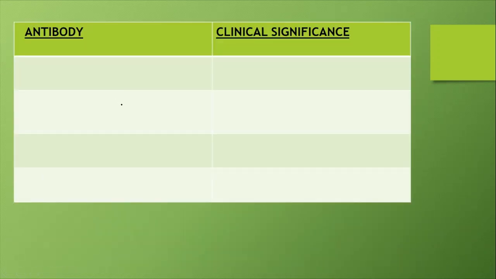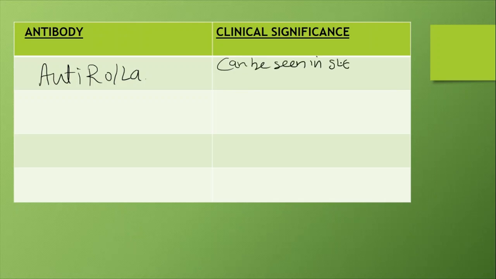Next, the antibody which we are going to see is anti-Ro and La. Now remember, this antibody is not specific. This can be seen in Sjogren's. So this is basically diagnostic of Sjogren's, but can be seen in SLE. Now what is the basic role?